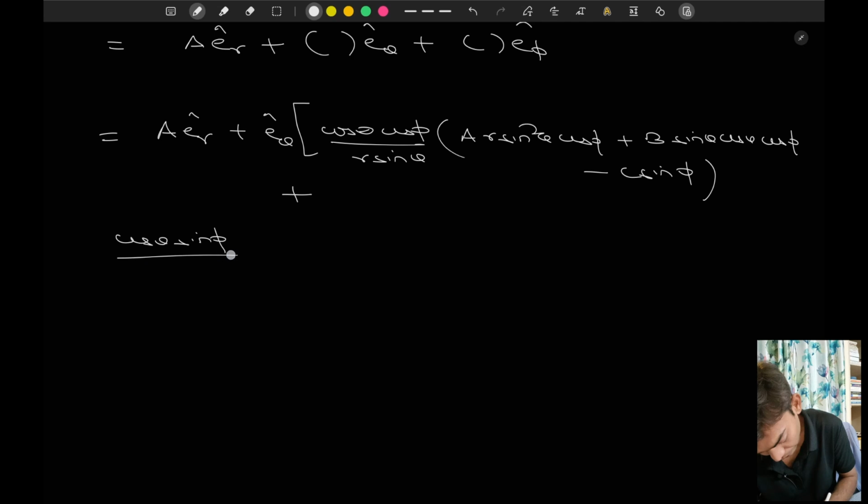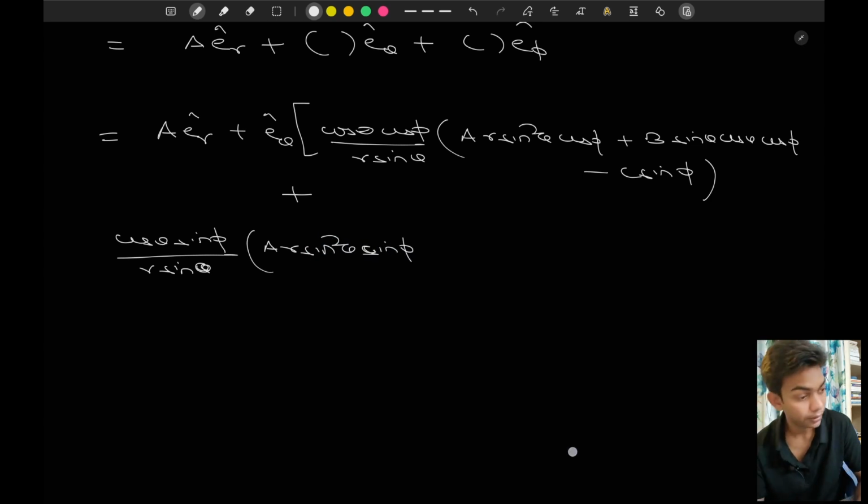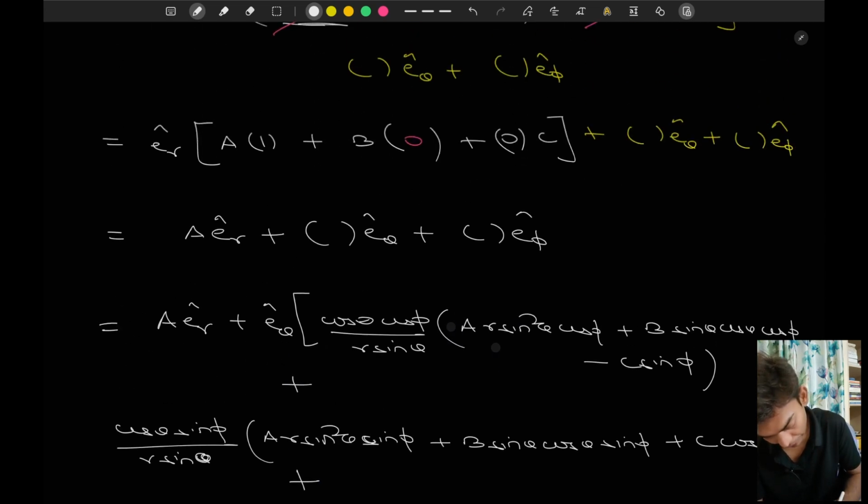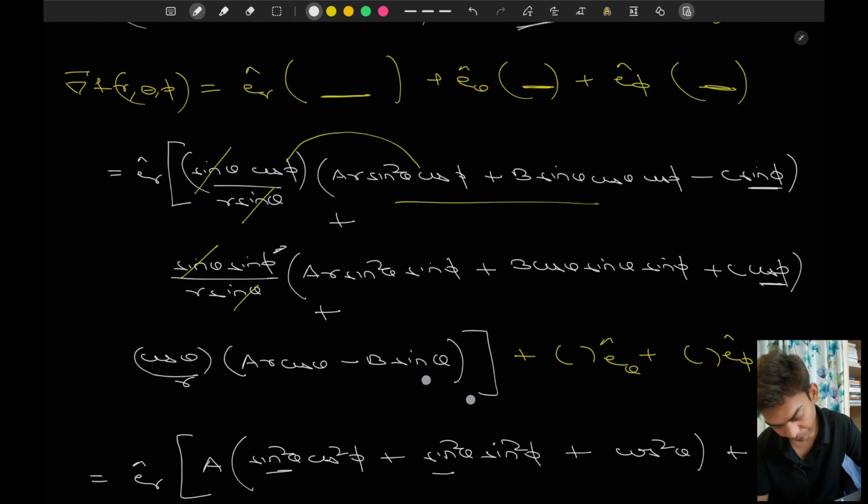Cos theta sine phi divided by 1 over r sine theta. We have a r square sine theta sine phi. Let me check. Yes. b sine theta cos theta sine phi plus c cos phi.